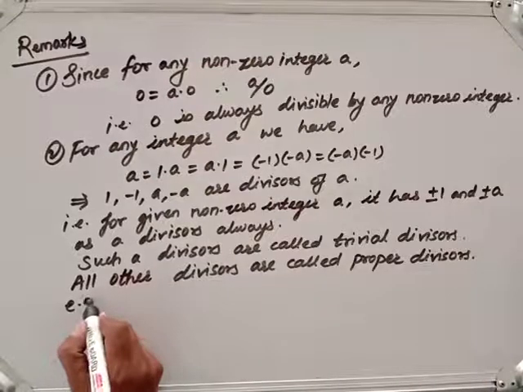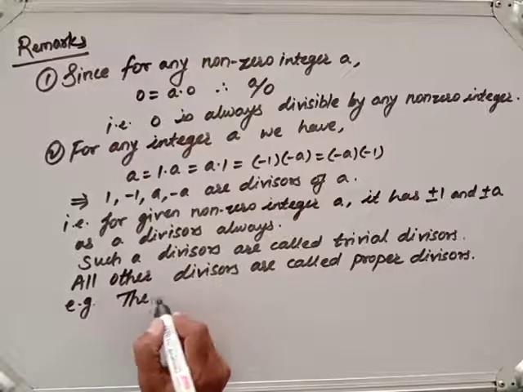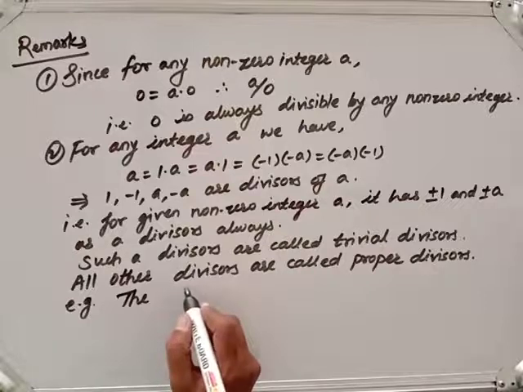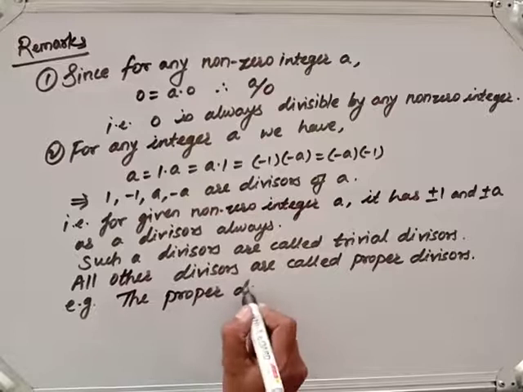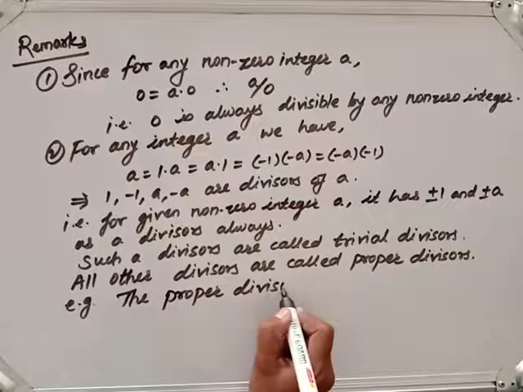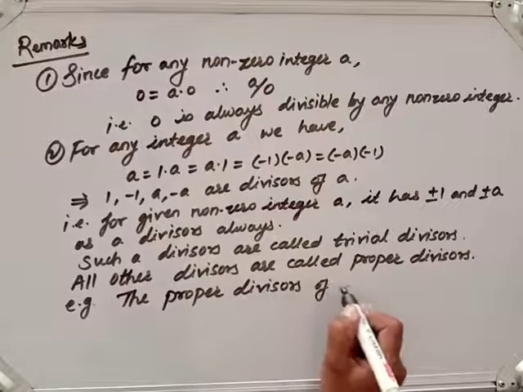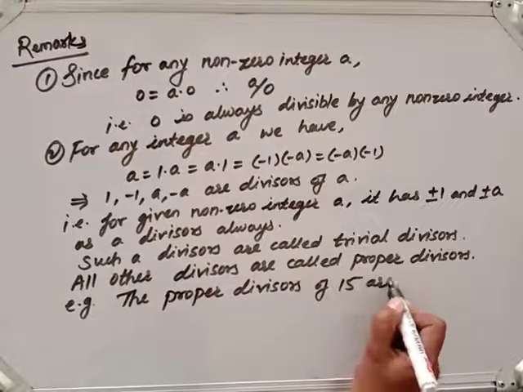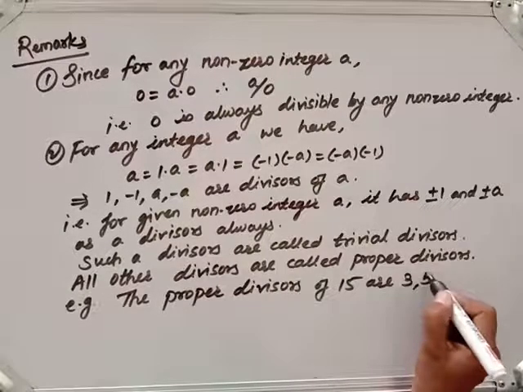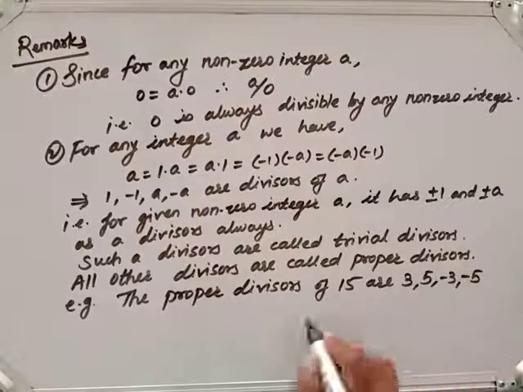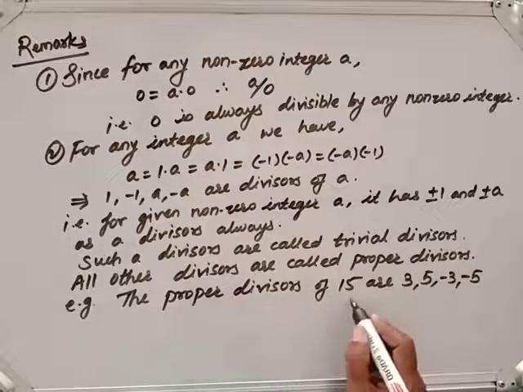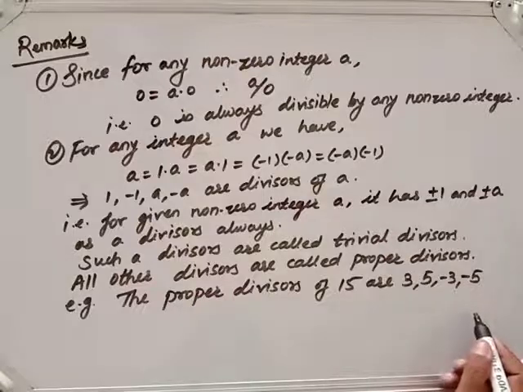For example, the proper divisors of 15 are 3, 5, minus 3, minus 5, while the trivial divisors are plus minus 1 and plus minus 15.